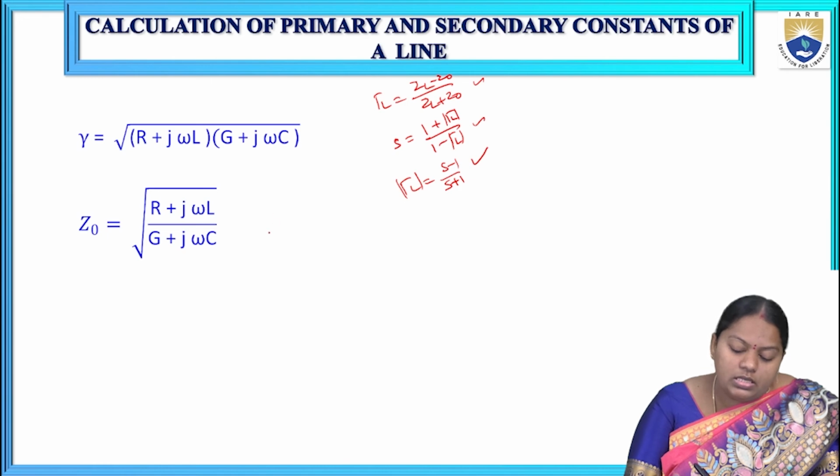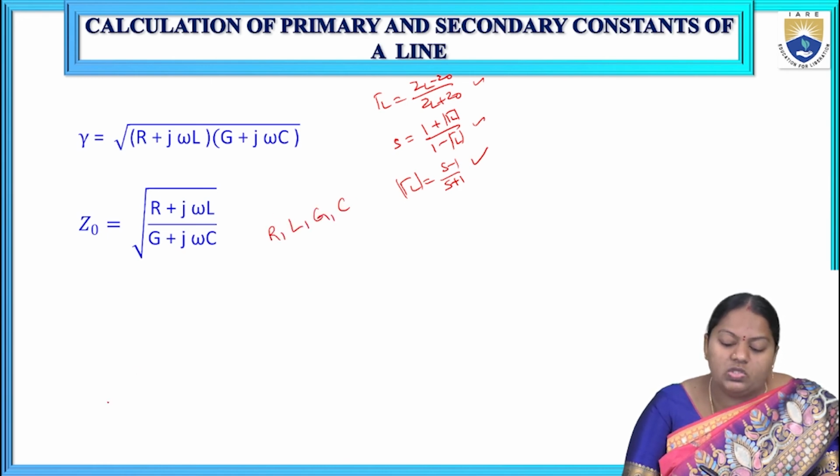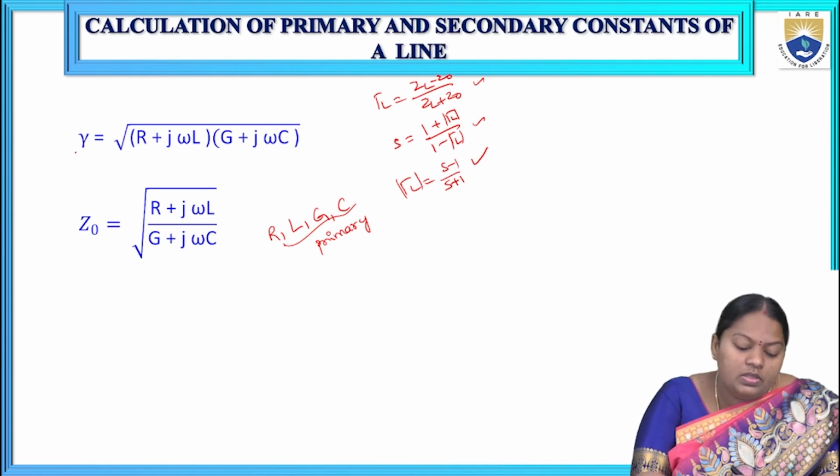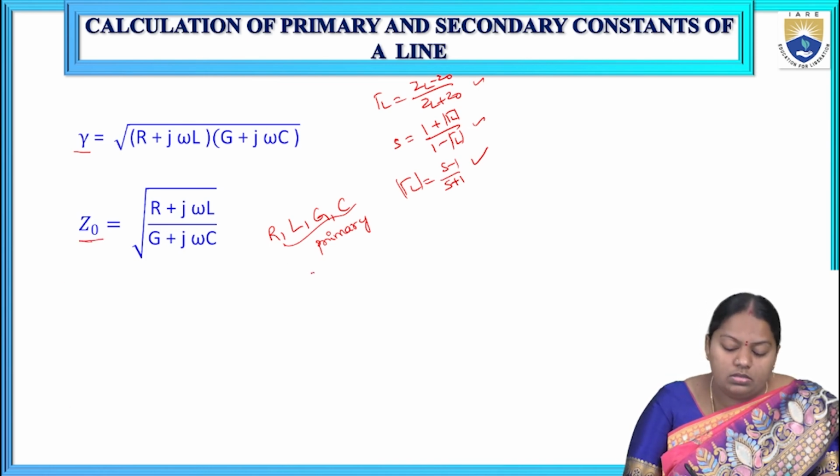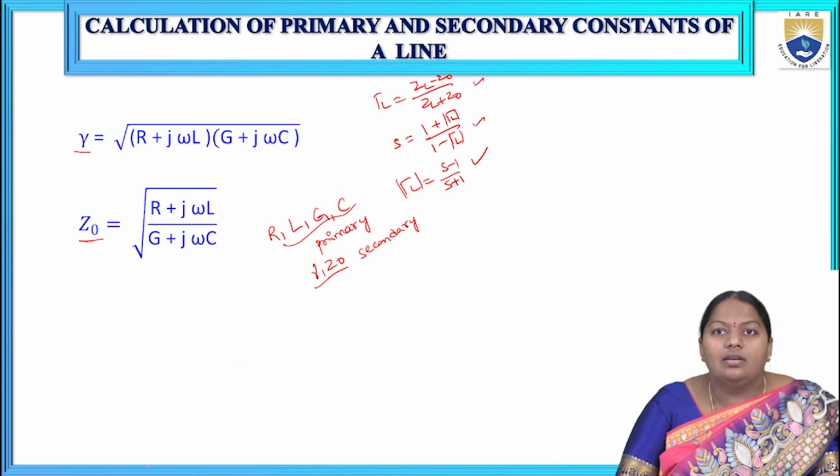As we know, resistance R, inductance L, conductance G and the capacitance C are called primary constants of a transmission line, whereas propagation constant gamma and intrinsic impedance, meaning characteristic impedance Z0, are called secondary constants of a transmission line.